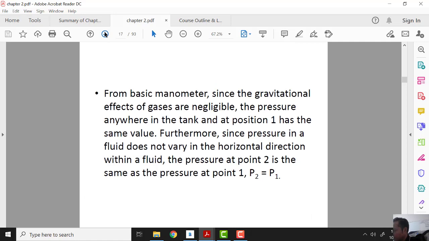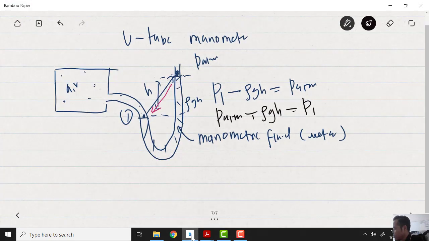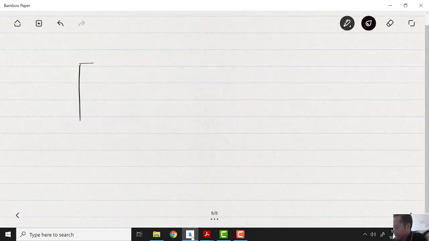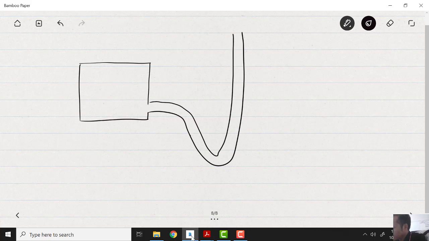Okay, alright. So this is the U-tube manometer. For example, we have another U-tube manometer, but this time inside this tube we have mercury.